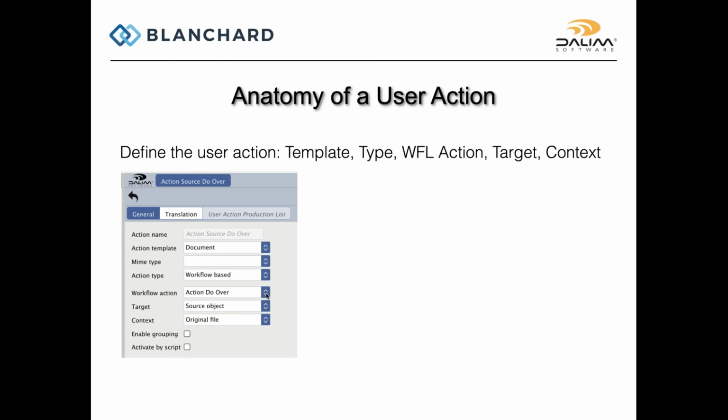Then you have to link the eTwist workflow into the ES workflow. And if there's a job ticket associated with it, you have to make sure you link the job ticket to the ES workflow. So the user action, if you sit down and do this, is actually the last piece you're going to do. You almost work backwards. eTwist, job ticket, ES workflow, then make the user action, and make sure you get your goodies sorted out here in terms of your target and your context.